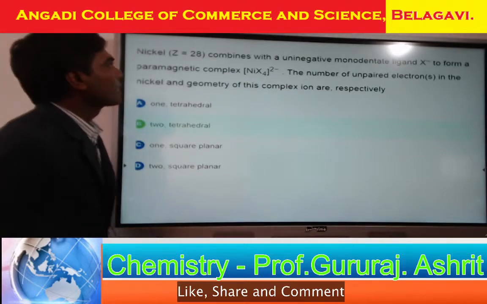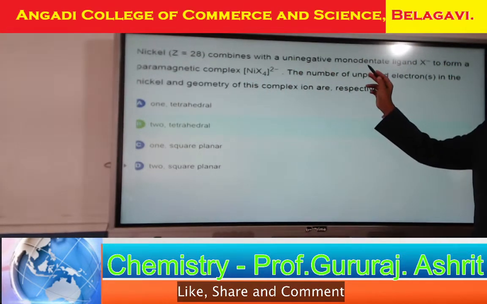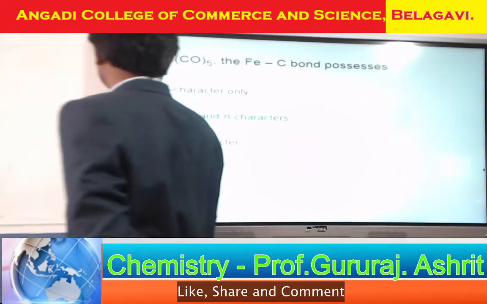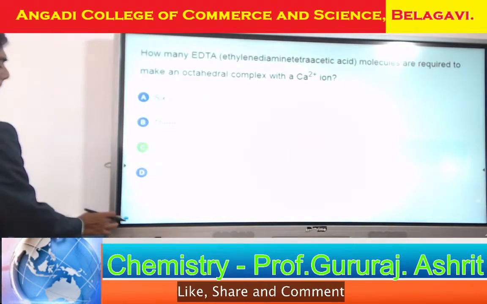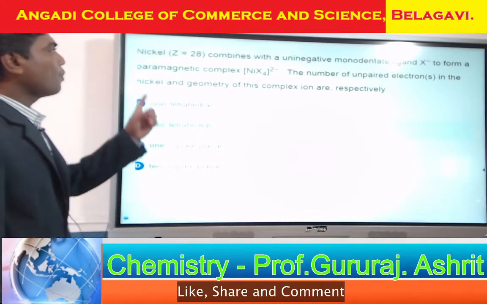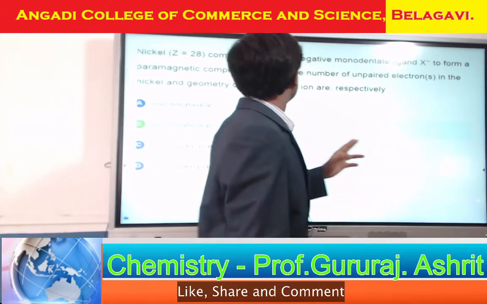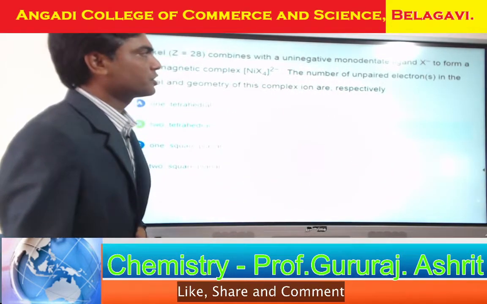Next question. Nickel, Z equal to 28, combines with the uni-negative monodentate ligand X minus to form a paramagnetic complex. The number of unpaired electrons in the nickel and geometry of the complex ions are respectively.